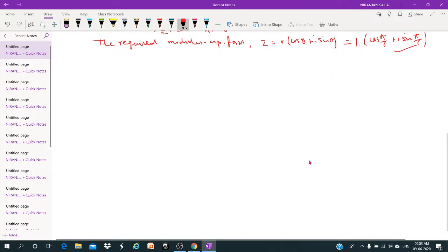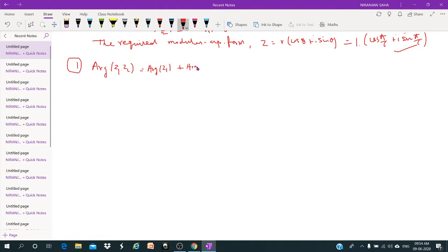The first relation, a very important one, is that the argument of the product of two complex numbers z1 multiplied by z2 is equal to the argument of z1 plus the argument of z2.